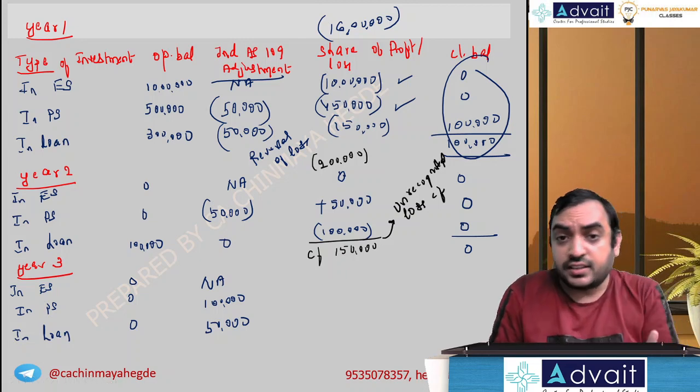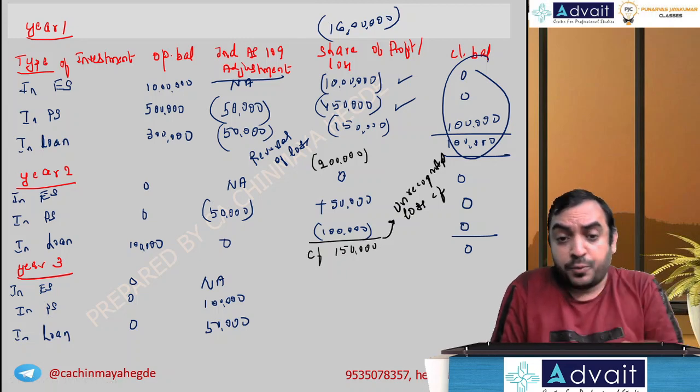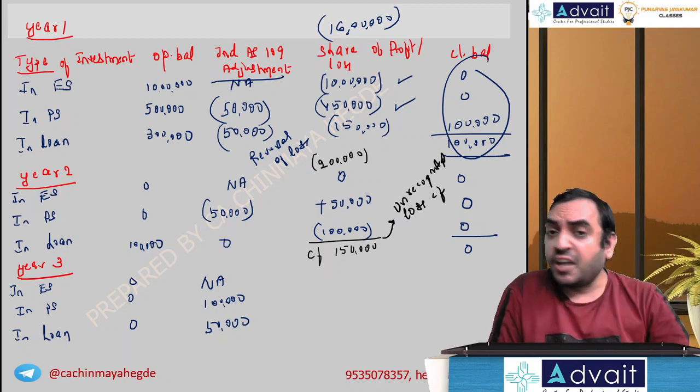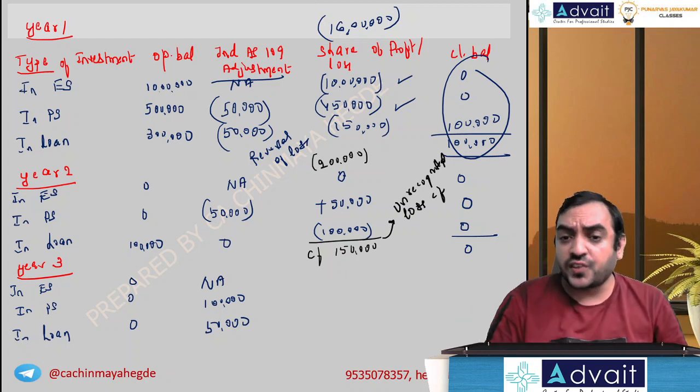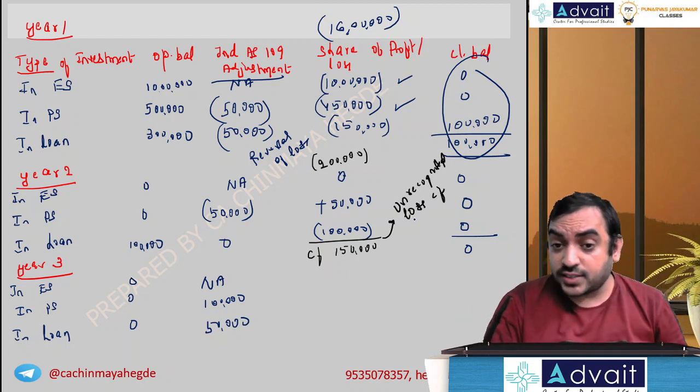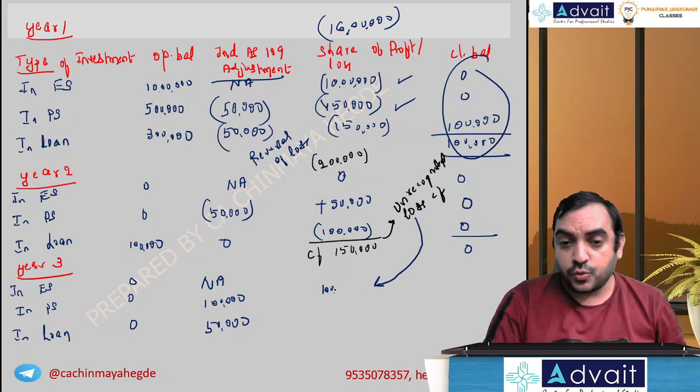Now what is my new carrying amount? In equity share, nothing. I can't do anything. In preference shares, we have 1 lakh. Loan, we have 50,000. Current year, no share of loss, because no profit, no loss. But unrecognized loss is there. That you adjust now. 1 lakh, you make it against preference share first. Second, you make it against loan.